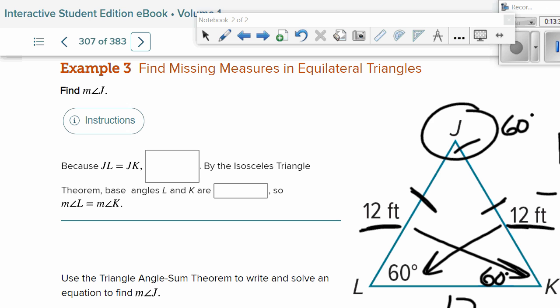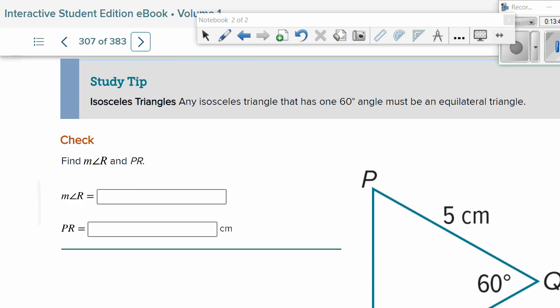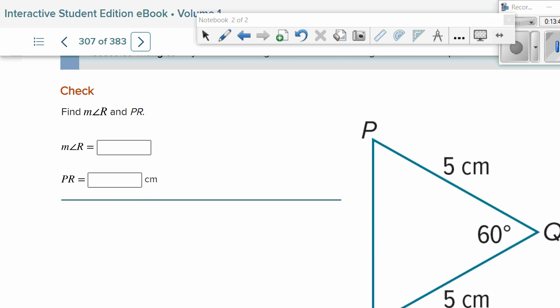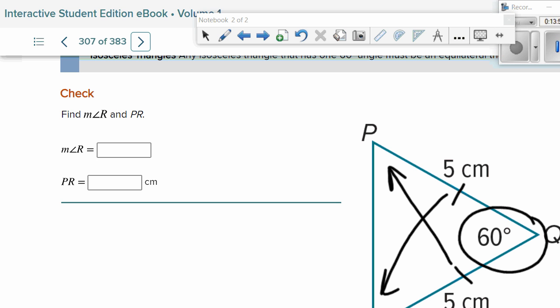So we've kind of done that stuff before. They did it down below. Just want to make sure you see that. Taking a look at this, once again, if the two sides here are equal, then the angles opposite them, or the base angles, are also equal. If this guy's 60 and these have to be equal, you do this and you get that.